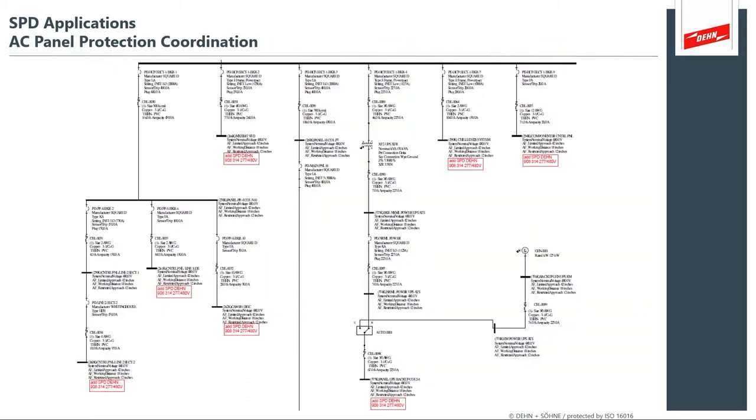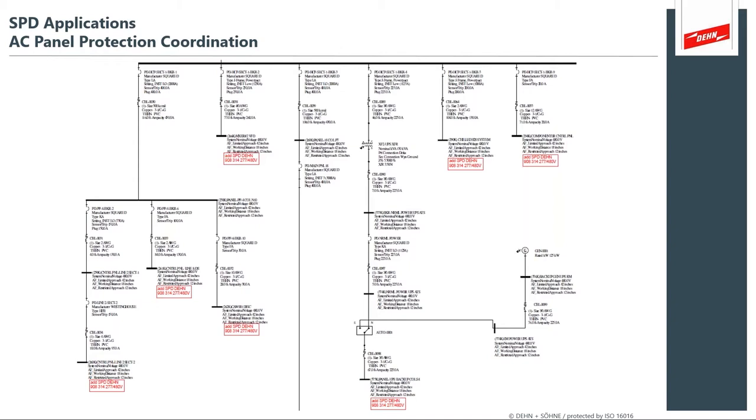Another really important aspect to look at is AC panel protection coordination, where you have your main incoming power where you want to apply a very robust, what's considered a class 1 type protector in the IEC nomenclature. This is able to withstand direct strike energy from ground potential rise and from direct strikes onto the structure.